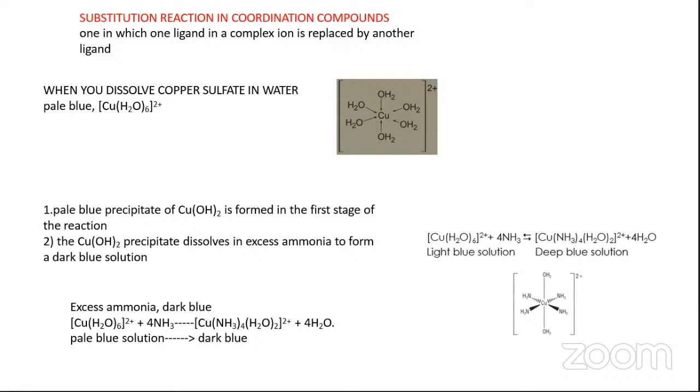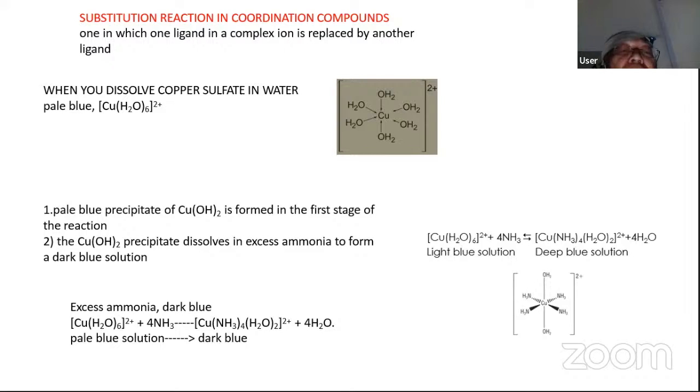So as I said, substitution reaction in coordination compound is the replacement of one ligand, but not necessarily one ligand. It can be 2, it can be 3, by another group of ligand, not in the complex compound, it's from outside. So just to see an example, if you dissolve copper sulfate in water, what happens?